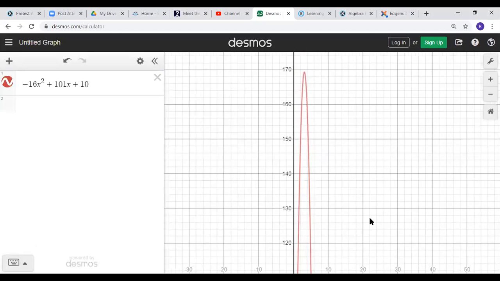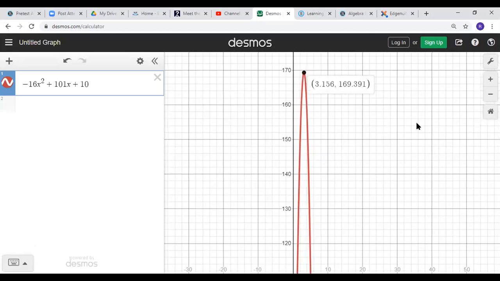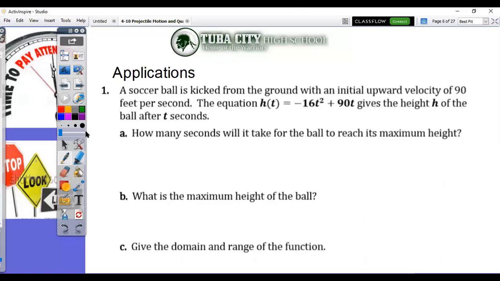And here we have a parabola. And what we're looking for is the maximum. Now, this is not the graph that we're looking at in our problem. So this is a completely different problem. So we're going to have to find out this one in another way. So again, we're looking for the maximum height.